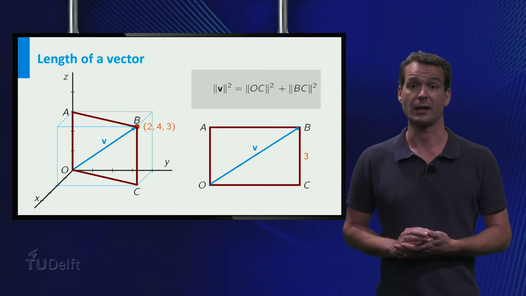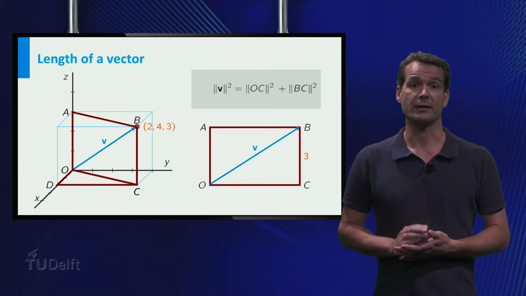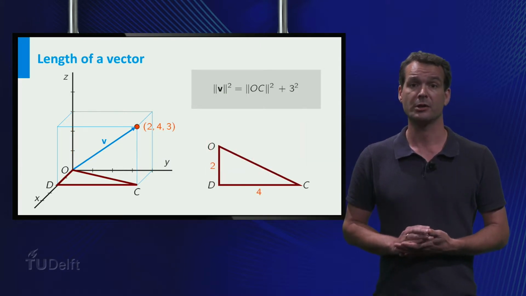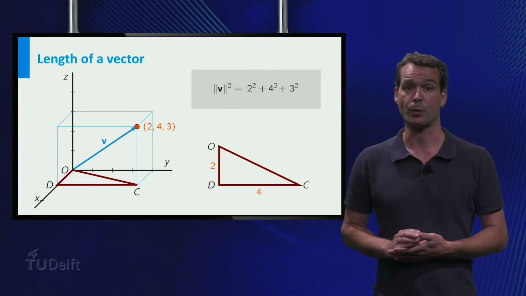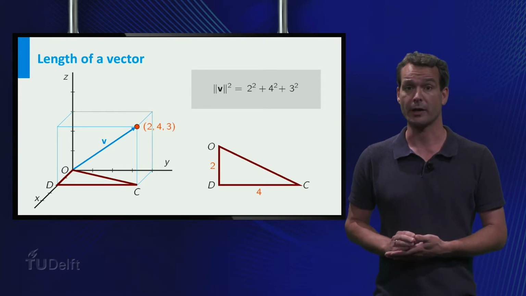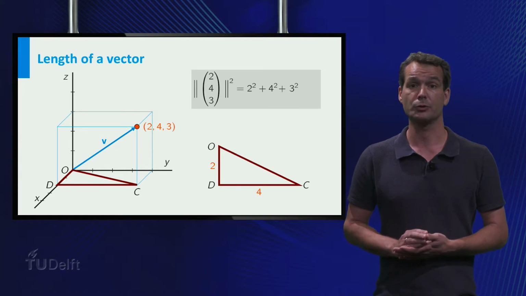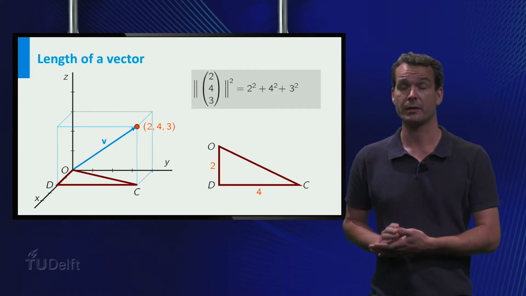So you can see that the length of BC is 3, so now we need to calculate the length of OC. We can do this using the triangle OCD in the xy plane. We see that the length of OC squared is equal to 2 squared plus 4 squared. So the length of the vector 2, 4, 3 squared is 2 squared plus 4 squared plus 3 squared, that is 29.